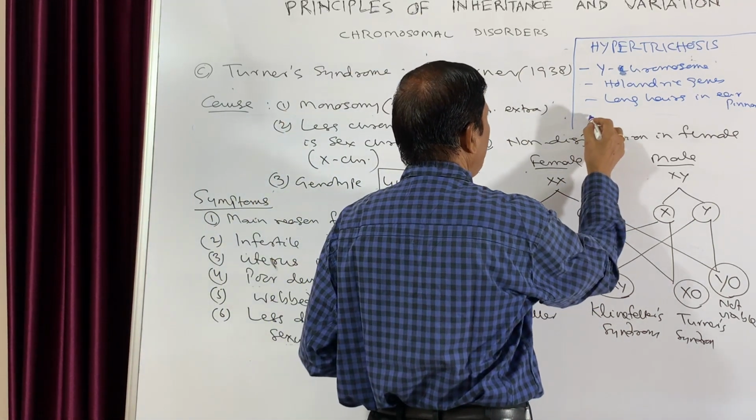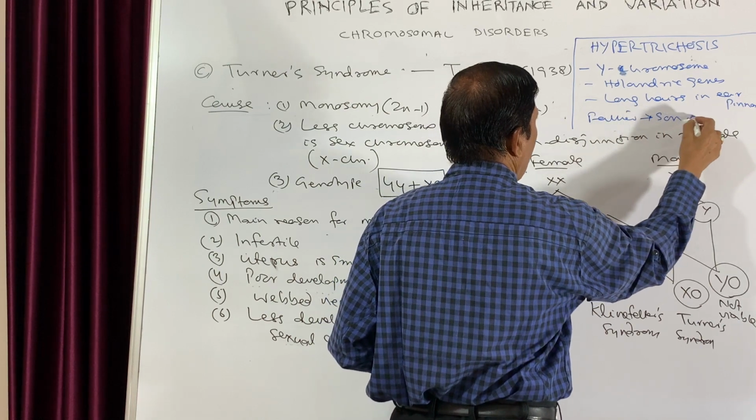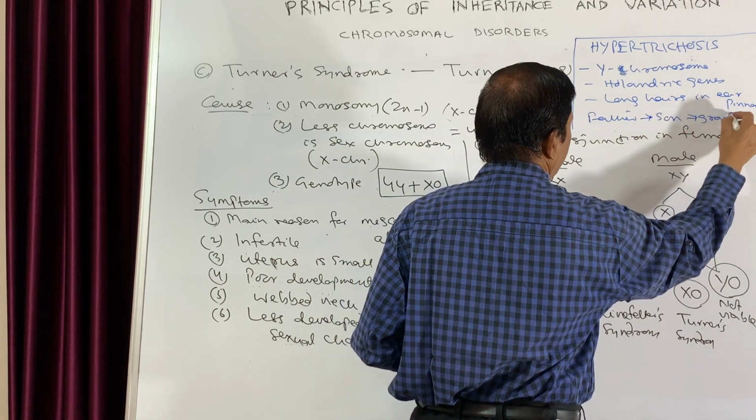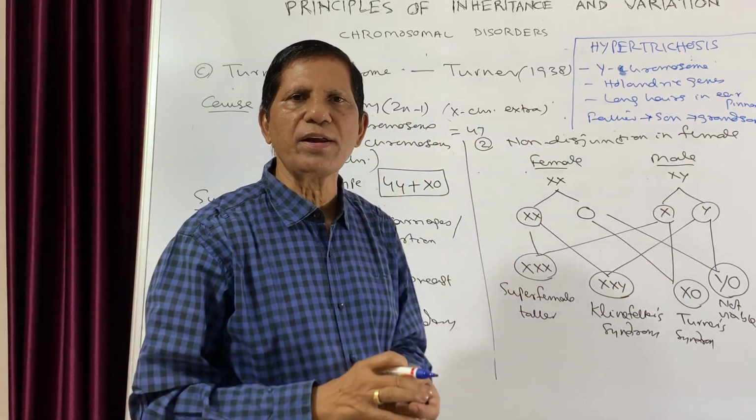That means it moves from father to son and then to grandson. That means this character hypertrichosis moves only in the male side because it is present in the Y chromosome.